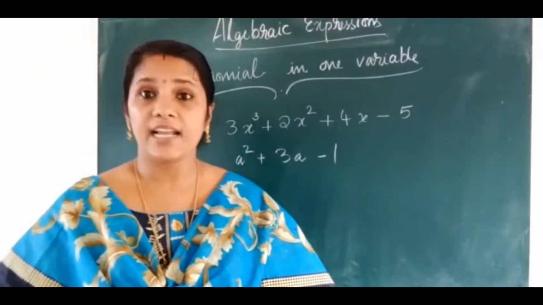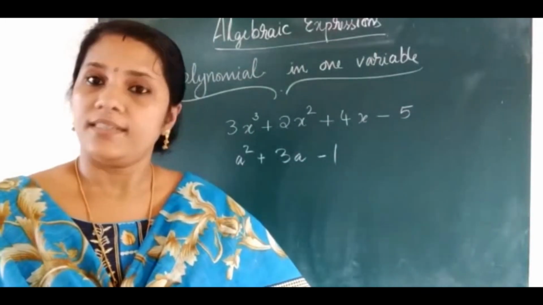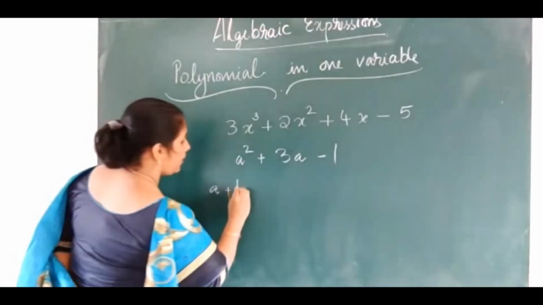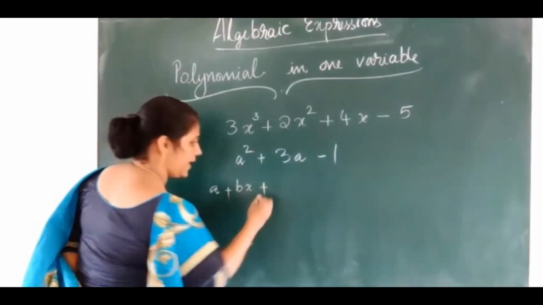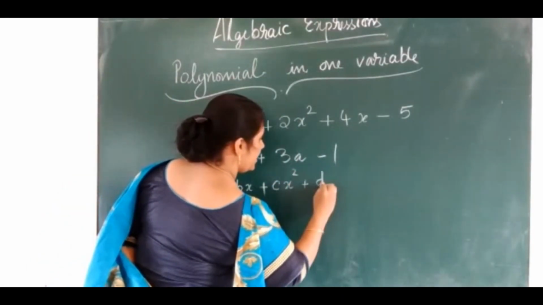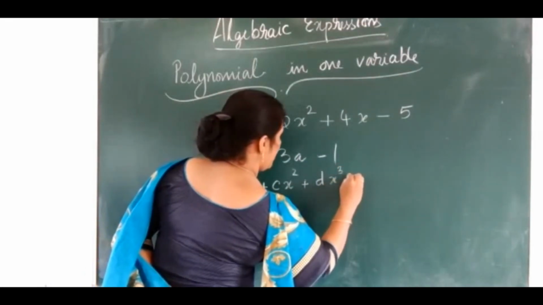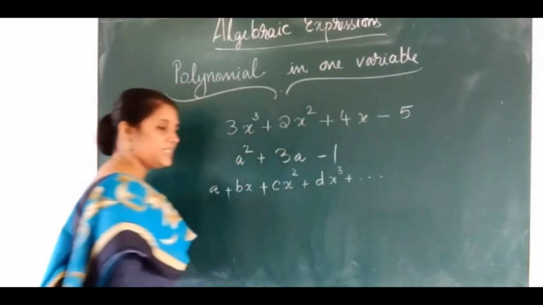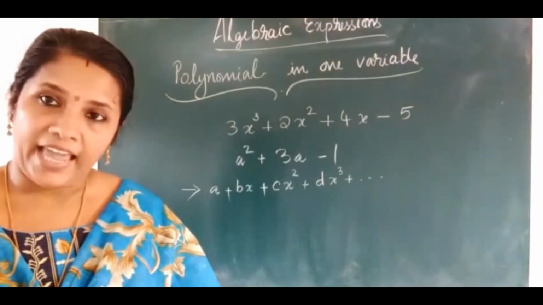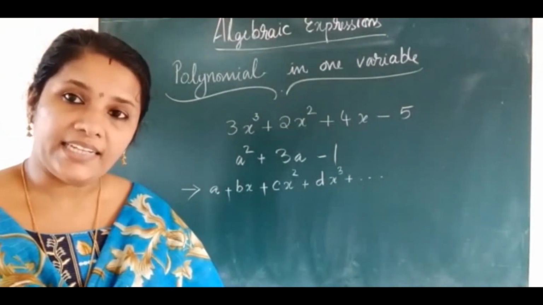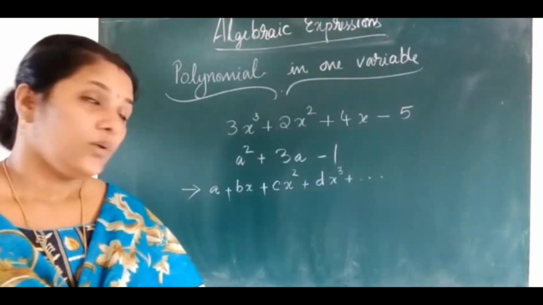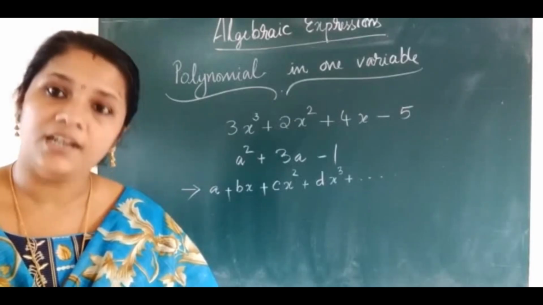There is a general form for the polynomials. Let me write it. A plus bx plus cx square plus dx raised to 3 plus etc. This is the general form of polynomial where a, b, c and d etc. are the constants, numerals, and the variable, here the variable is x.